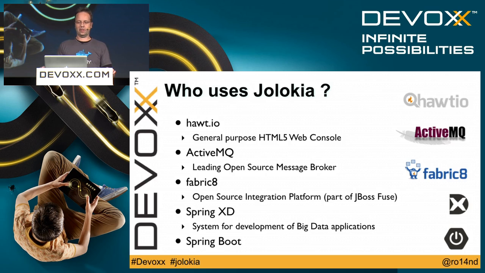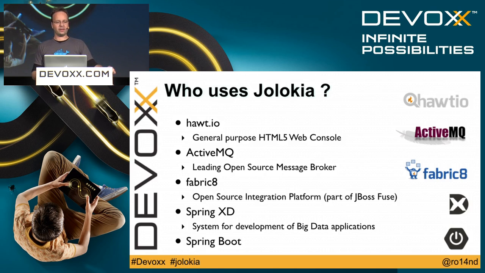So it's really a cool thing, and this console talks via JavaScript, AngularJS directly to the agent. Then ActiveMQ, since version 5.9, uses Jolokia as its official REST management API. So everything which I'm telling you today, you can directly use with ActiveMQ.